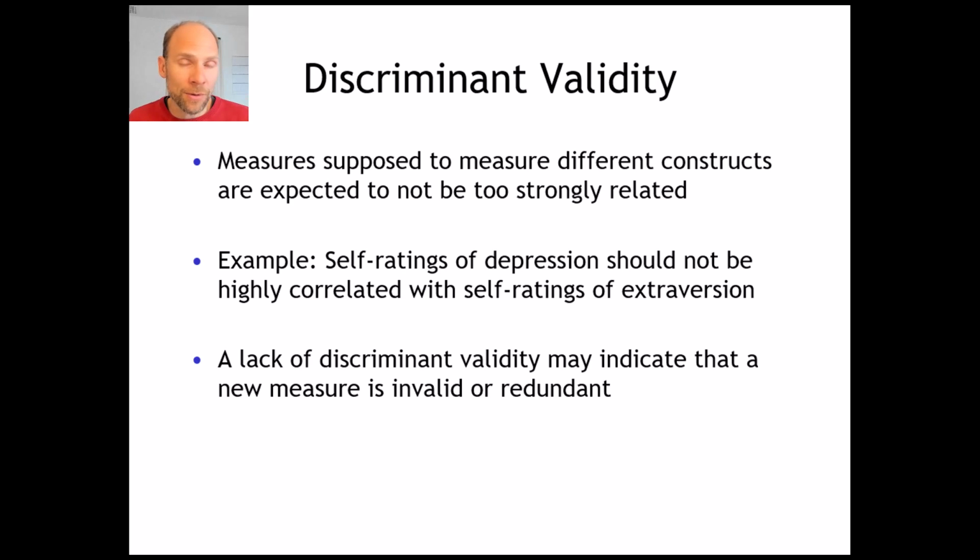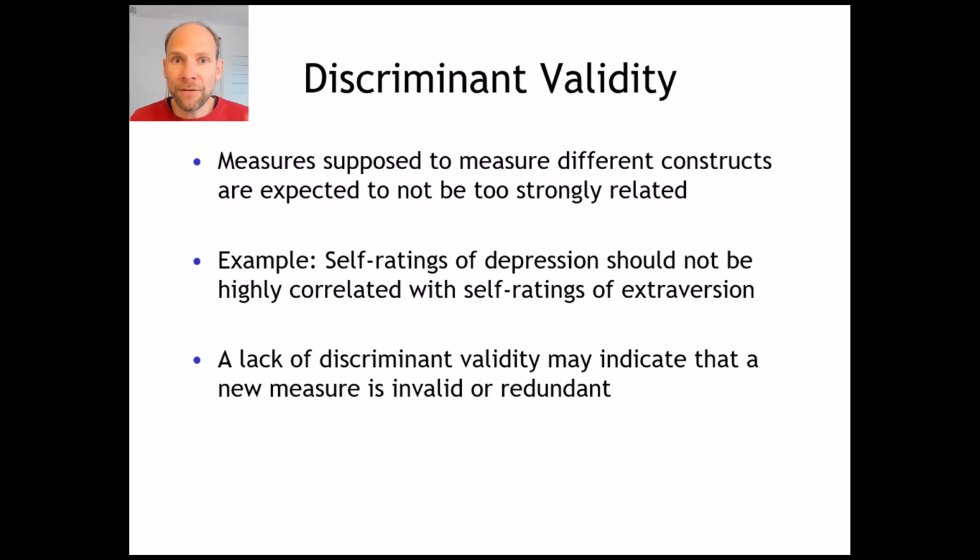So a lack of discriminant validity could also indicate that the new measure is not measuring what it's supposed to measure, because it may just measure the same thing that other scales already reflect, and then it would be redundant and obsolete. So those two aspects are important for construct validation, convergent validity and discriminant validity.